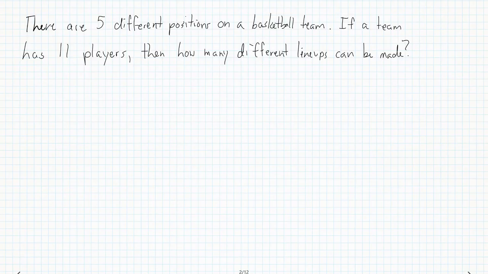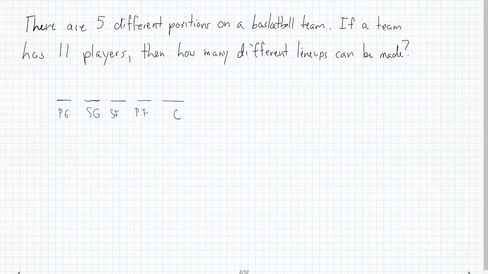Now, for those of you that don't know, it's not a big ordeal, but there's 5 positions on the basketball team, right? There's a point guard, a shooting guard, a small forward, power forward, and a center. Okay. So now let's talk this through in terms of how many players could we choose to be the point guard, assuming every player can play every position, right?